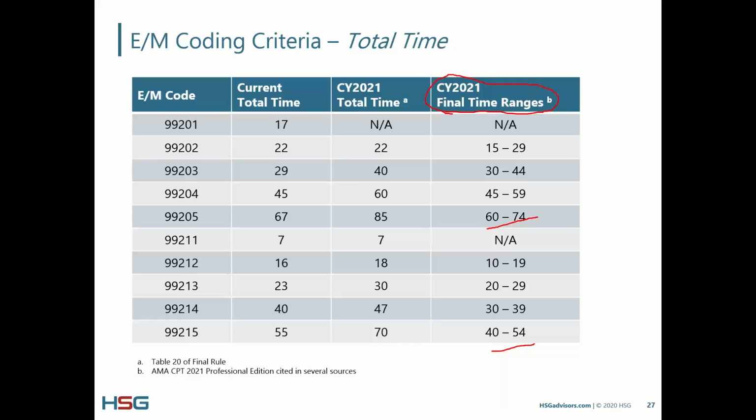I could not find anything that would emphasize that, including the guidance that the MGMA put out for practices yesterday. They stayed away from this entirely and did not get into any detail related to this. So we'll go with this as likely the area that we're talking about for coming up and final time ranges.